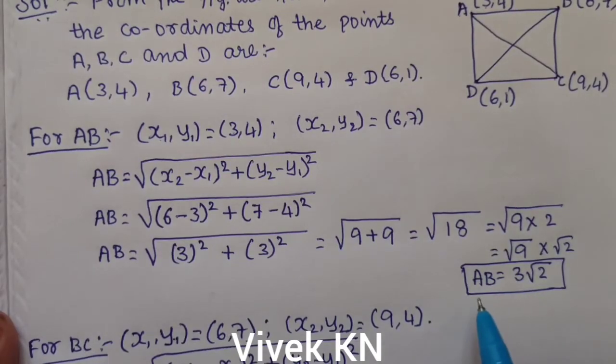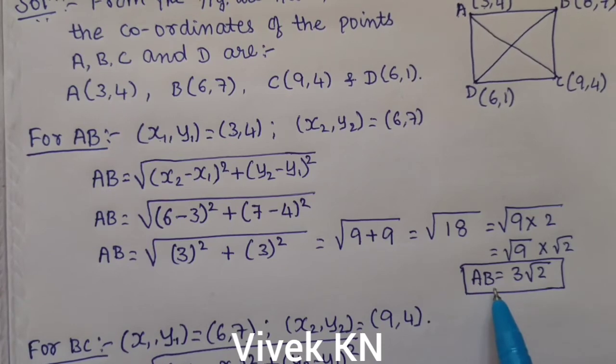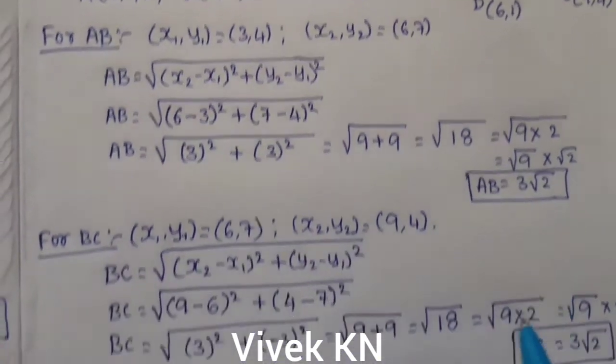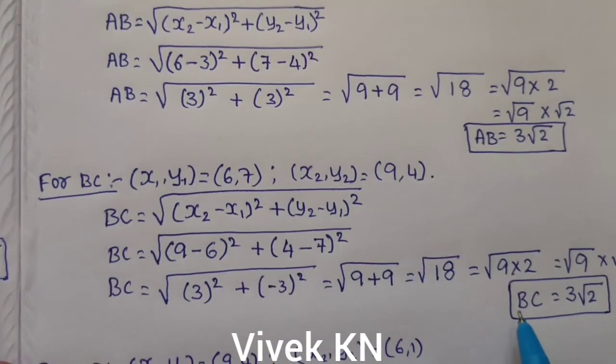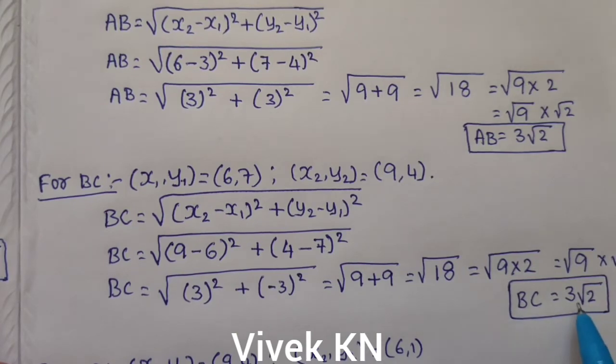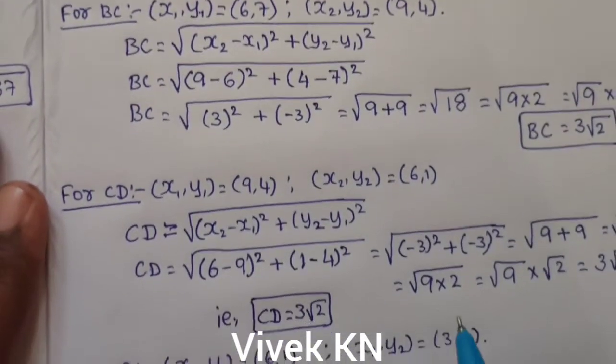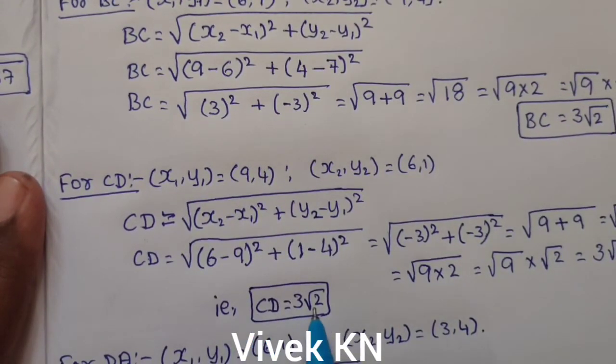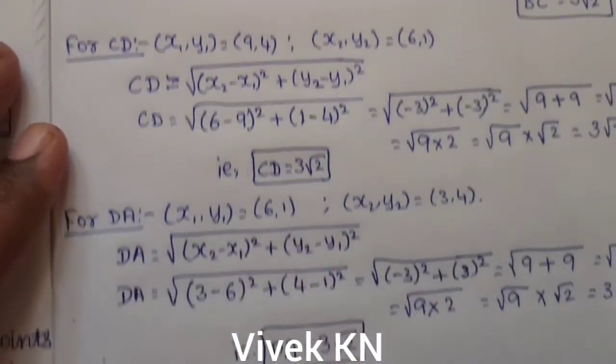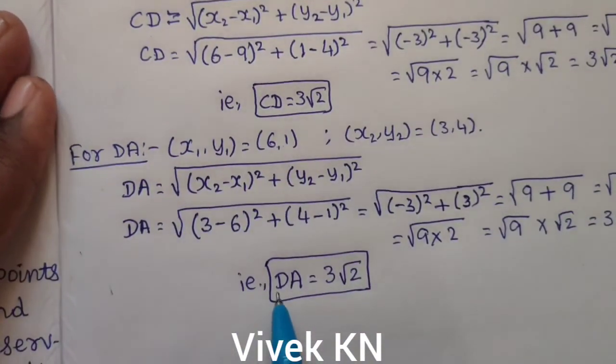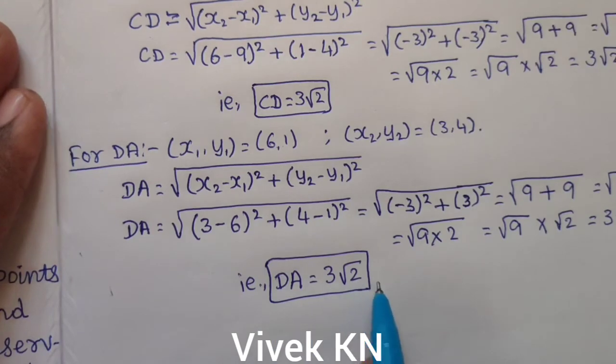Here the value of the side AB is 3 root 2 and the value of the side BC is 3 root 2 and the value of the side CD is 3 root 2 and the value of the side DA is 3 root 2.